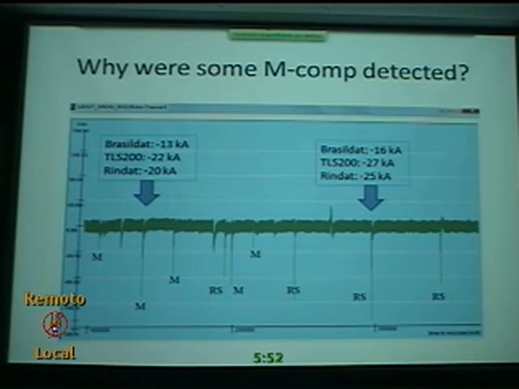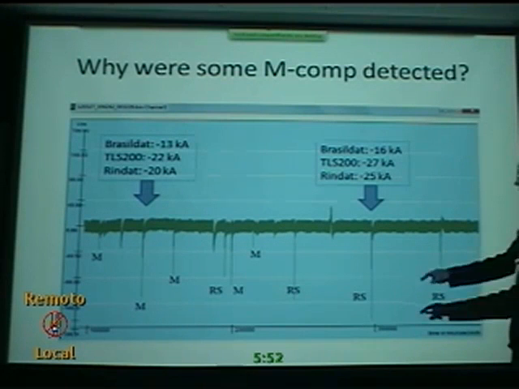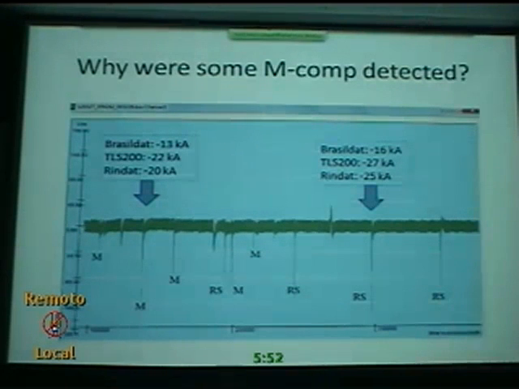Marcelo, have you seen, for the location accuracy of RINDAT and BrasilDat, if they are all on the same side? You have a systematic error to one side of the towers? Yes. I didn't present it here, but there's an offset.